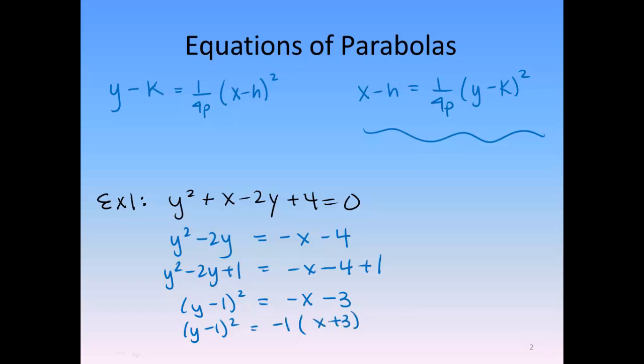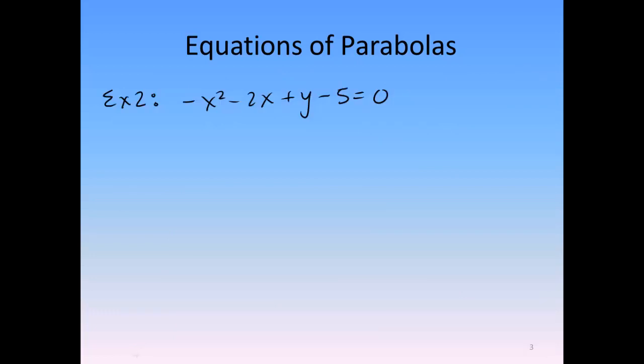And I'm going to put that as my coefficient, and I want my coefficient in front of the squared term, so I'm basically going to divide both sides by negative 1. We know that's going to leave me with a negative 1 as my coefficient on the other side, but if it was something else, we'd want to make sure we wrote it appropriately on the other side, on the squared term. So this is going to leave me with negative 1 parentheses y minus 1 squared equals x plus 3. And there we have it. And I could, of course, switch that around to be x plus 3 equals negative 1 times y minus 1 quantity squared. Let's try another example together.